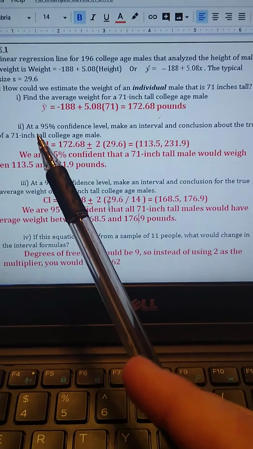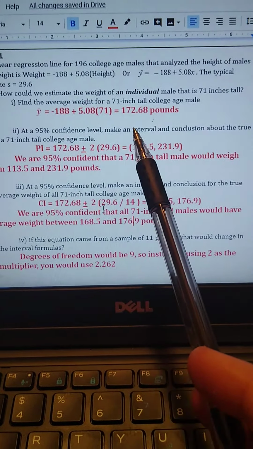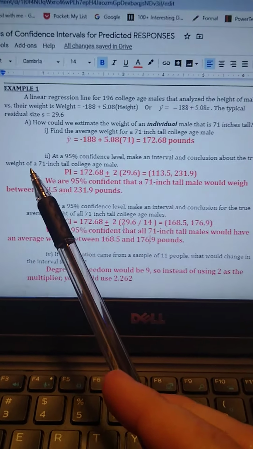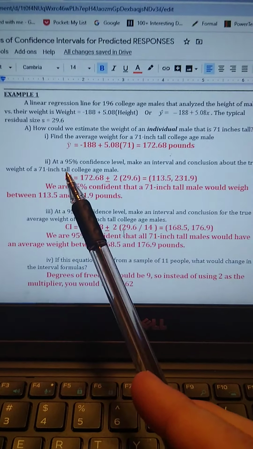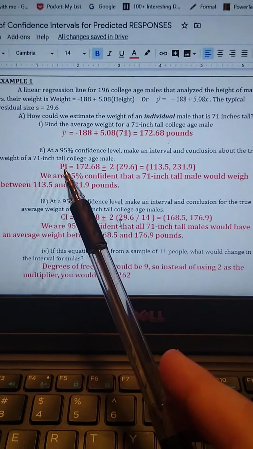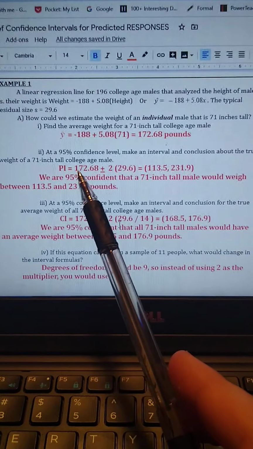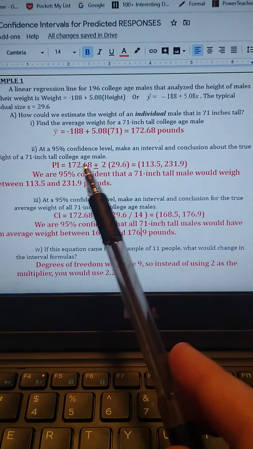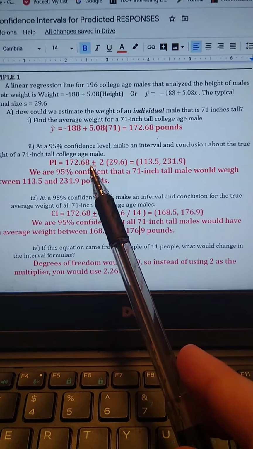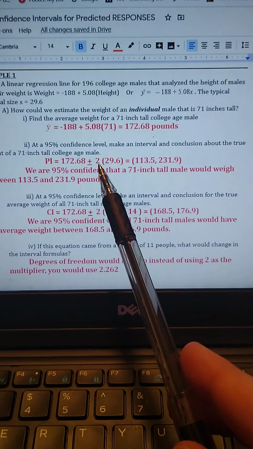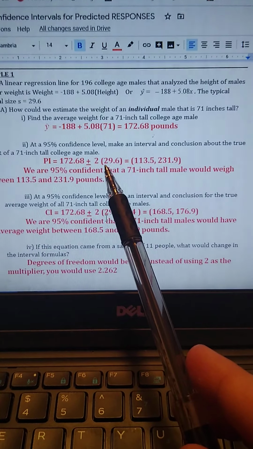So the next question says, at a 95% confidence level, make an interval in conclusion about the true weight of one individual 71-inch tall college male. So because we're doing it for one individual, we're going to do the prediction interval, which takes my prediction for 71-inch tall males, plus or minus t, which would be 2 here because the sample size is big enough, it's the same as z, times the spread.